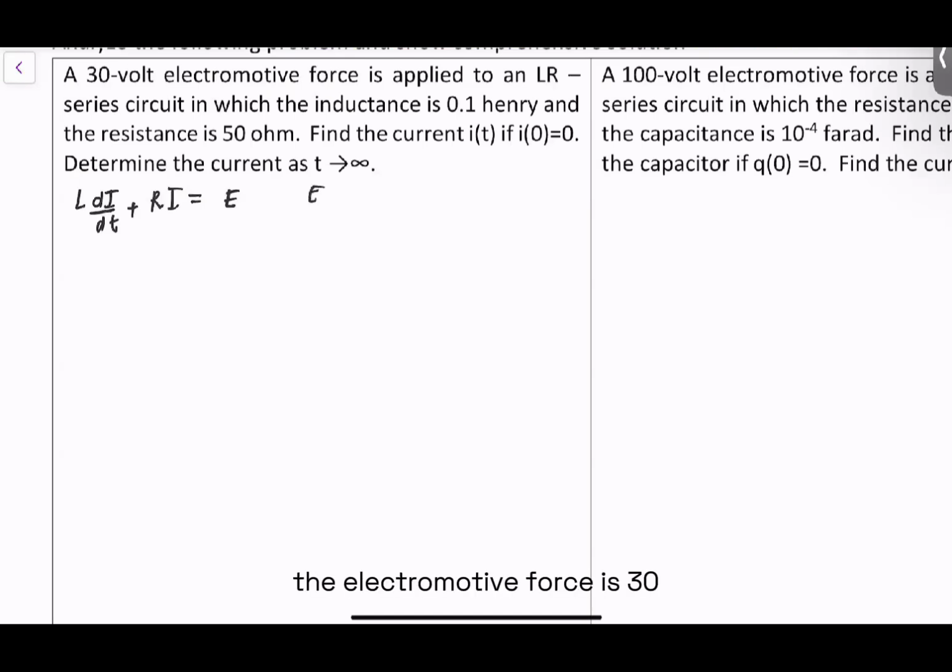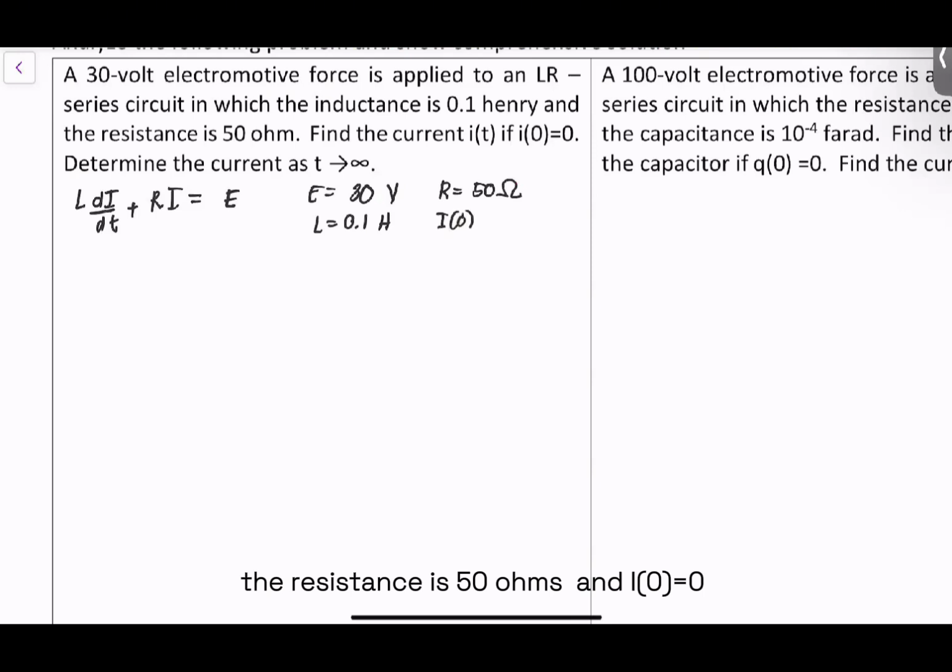The electromotive force is 30. The inductance is 0.1 henry. The resistance is 50 ohms. And I of 0 is 0. Let's plug it in.